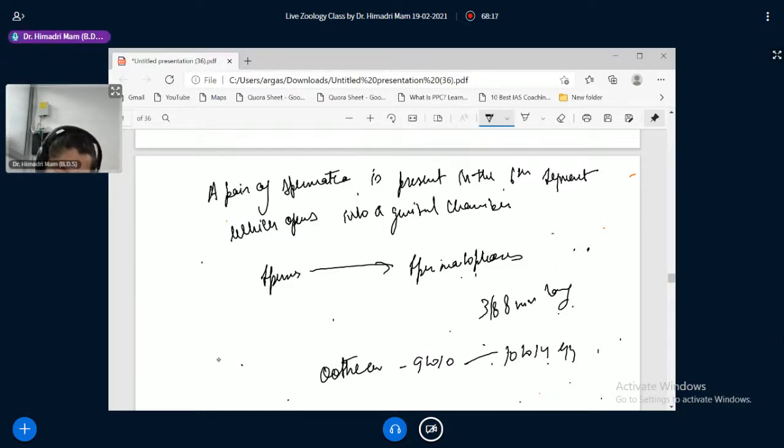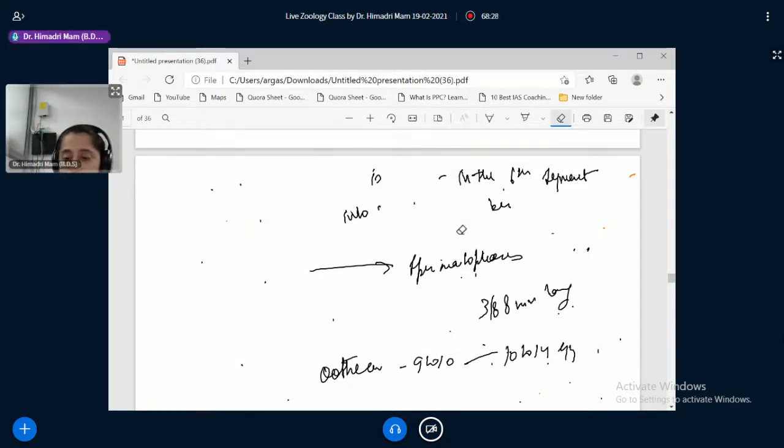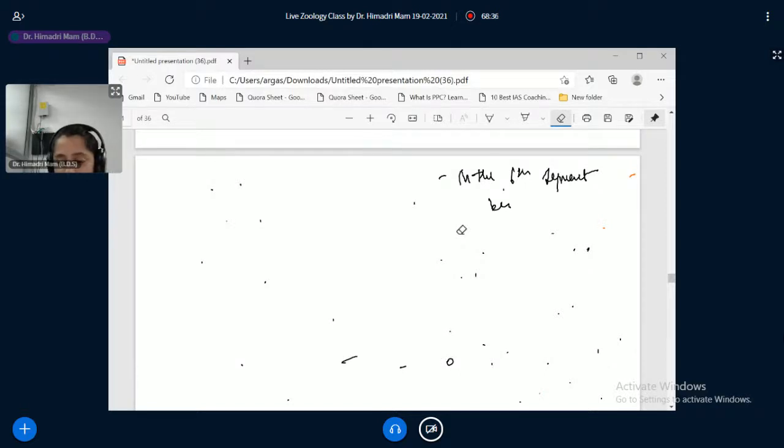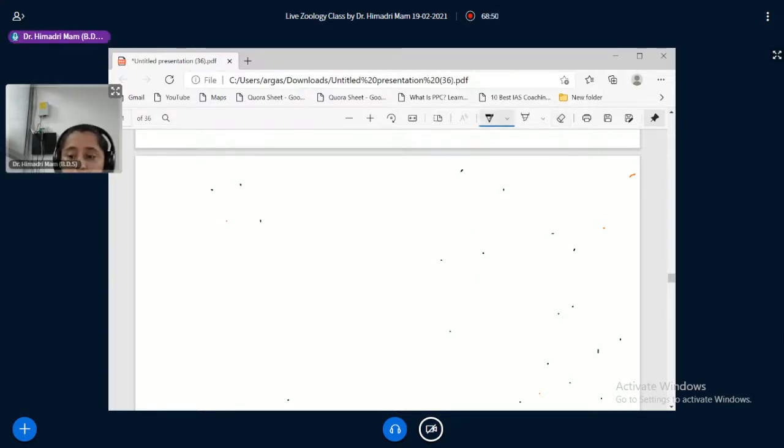Right. The development is basically paurometabolous. Now there is the life cycle. We have the nymph.